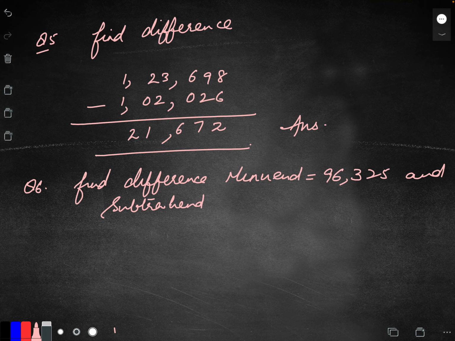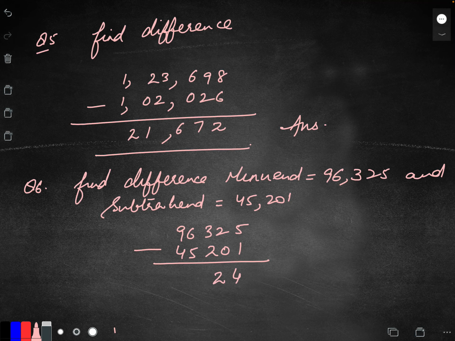I gave you the introduction of these two words. The bigger number is the minuend, the smaller number is the subtrahend. The key mantra of subtraction is write bigger number on the top, smaller number below it, and subtract. No borrowing, a direct and a quick answer.